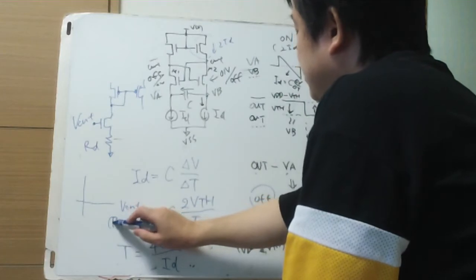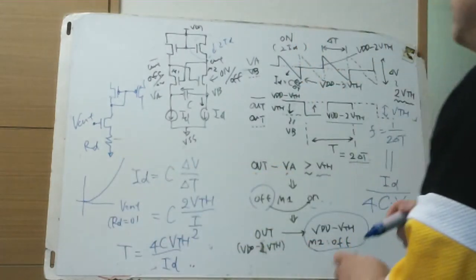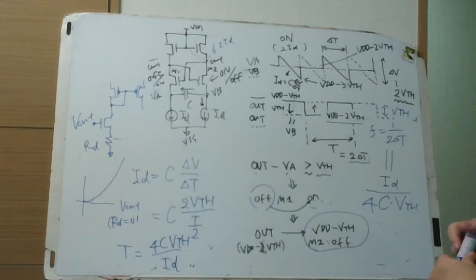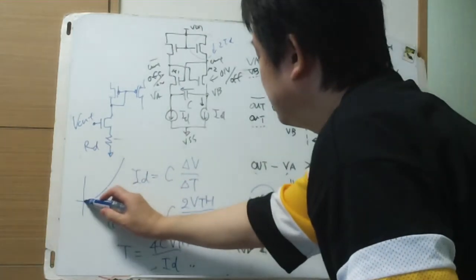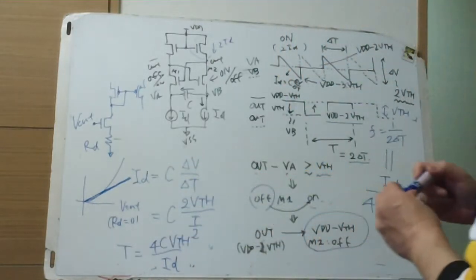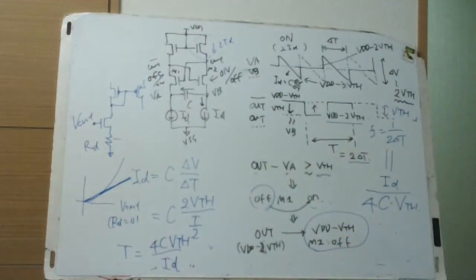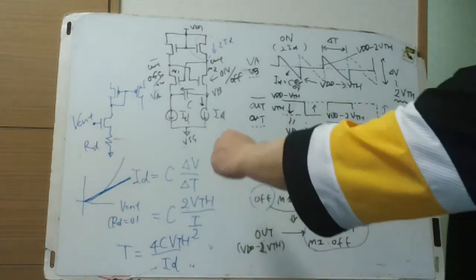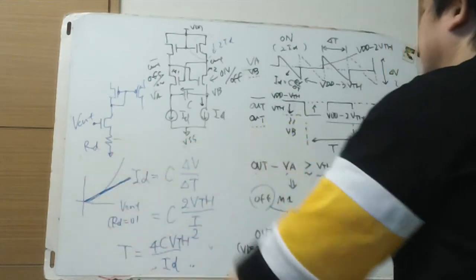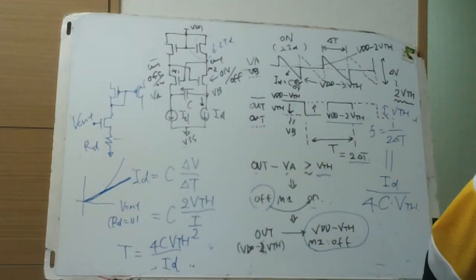When RD equals 0, it is like this. We need a more linear area controlled by V control. We can't control ID linearly without RD for degenerating the current source.